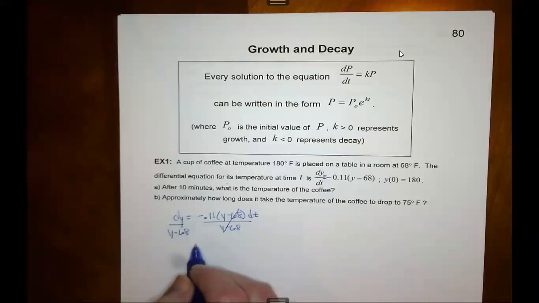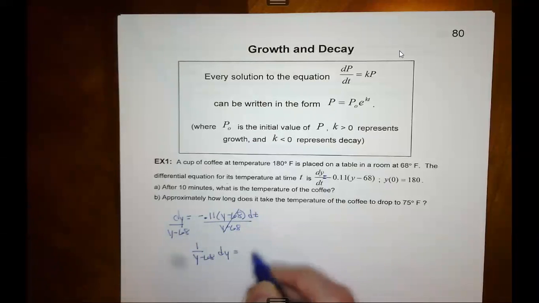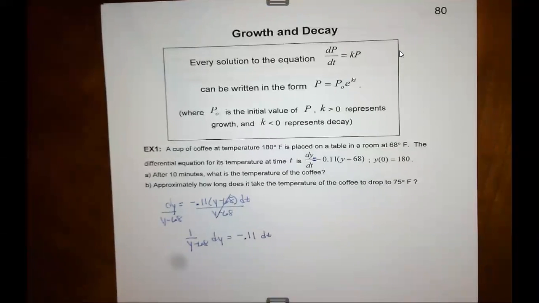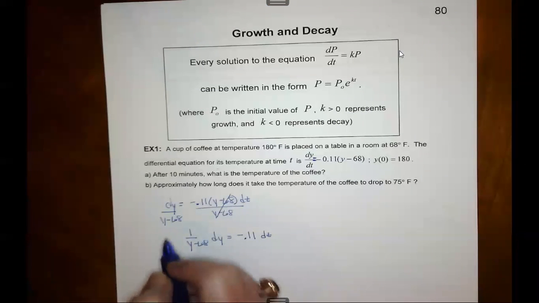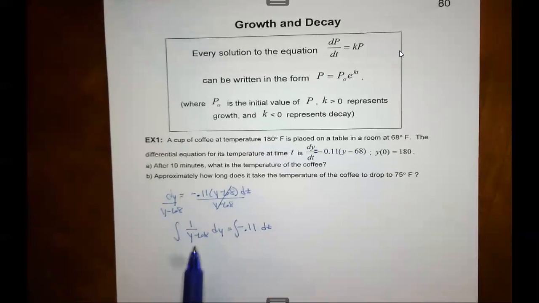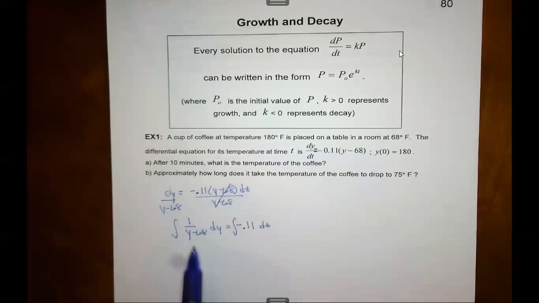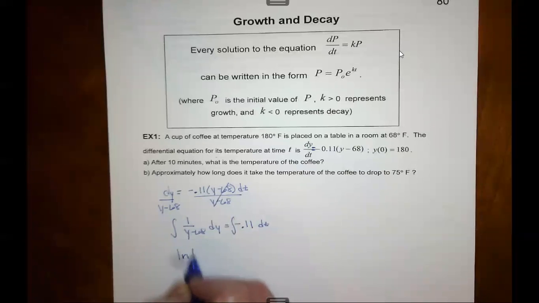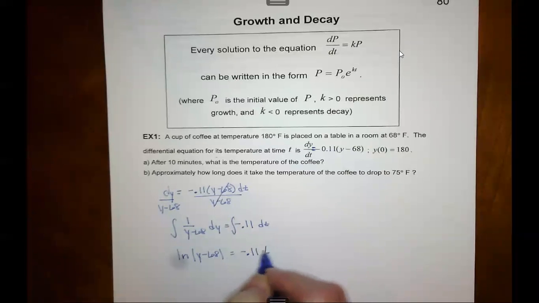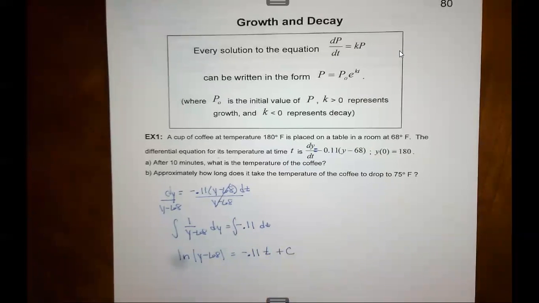And so I have 1 over y minus 68 dy equals negative 0.11 dt. All right, so this is exactly what we did last week. Now we want to integrate that so that we can come up with our equation. So I know from last week that the integral of 1 over this value is going to be a natural log of y minus 68. And then that's going to equal negative 0.11 t plus some constant.